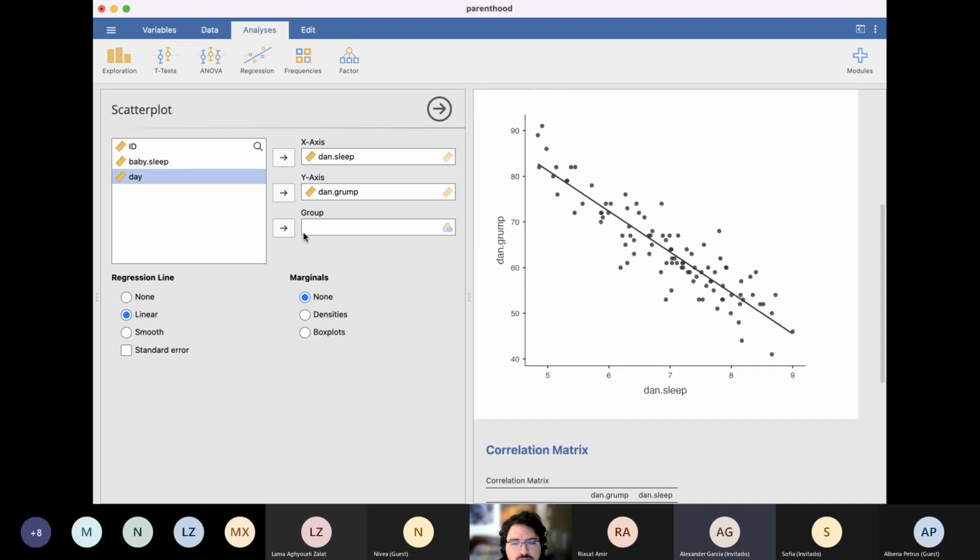We can see that the grump is affected by the hours of sleep. How so? When I have more hours of sleep, grump goes down. Makes sense. Okay. So that's a correct interpretation. What is the thing that we get from this?